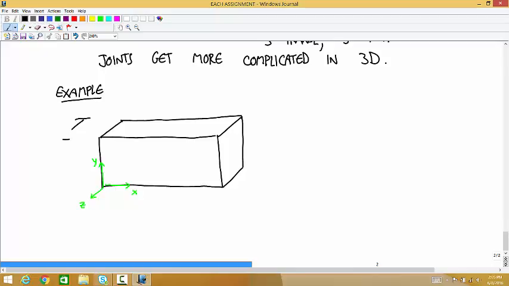The cross section is a square, so these two lengths are the same. That's 1/2 meter. And then this length is 1 meter. The mass is 60 kilograms.